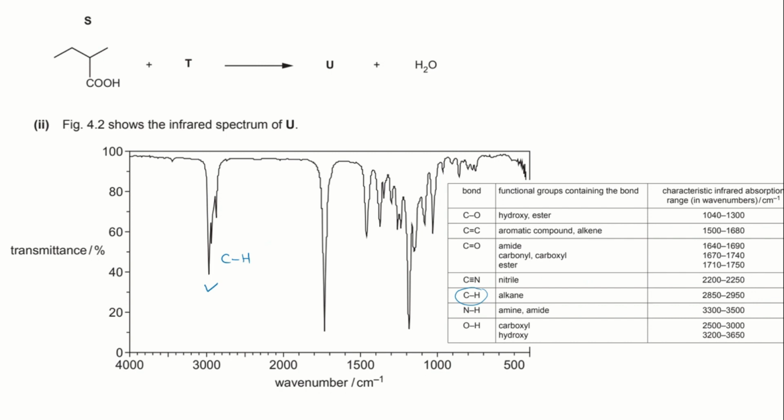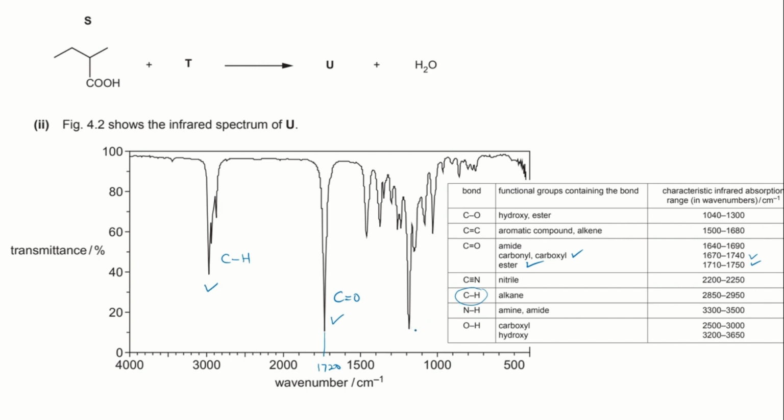Now this absorption is not so useful to us because it doesn't tell us anything about the functional group, because most compounds contain CH bond. So let's move on to the next absorption. On the right hand side, this is around 1720. So it belongs to carbonyl, carboxyl, or ester bond, C double bond O in any of these functional groups. So we cannot rule out any of them by only finding one absorption.